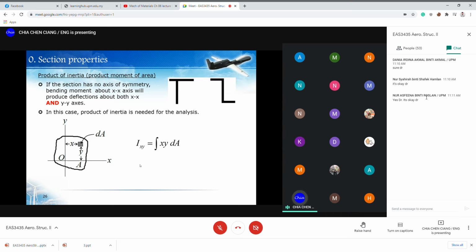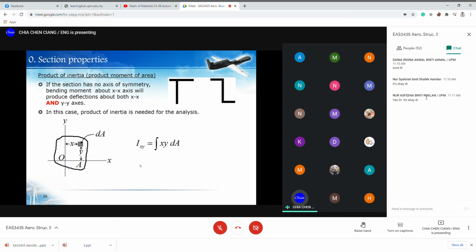For any other beams where IXY is not 0, if you apply a downward force, there will be deflection downward as well as horizontal sideways. I see. Or at least there will be some twisting. But if you have a circular tube, IXY is 0, you press down, it will not twist.